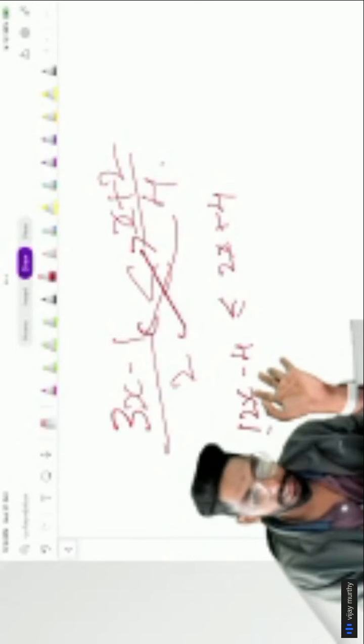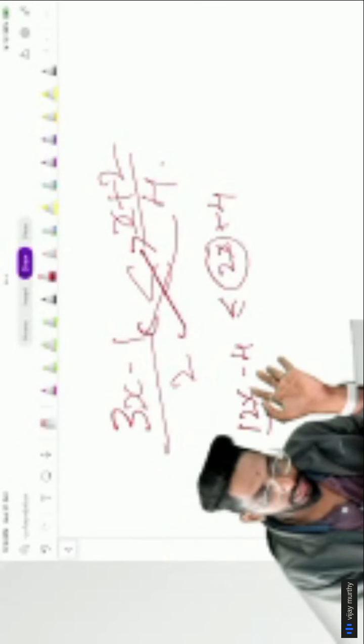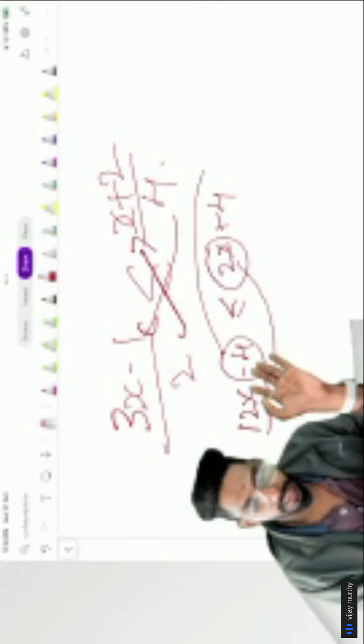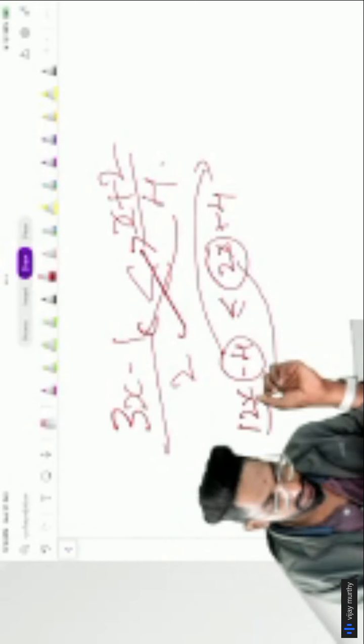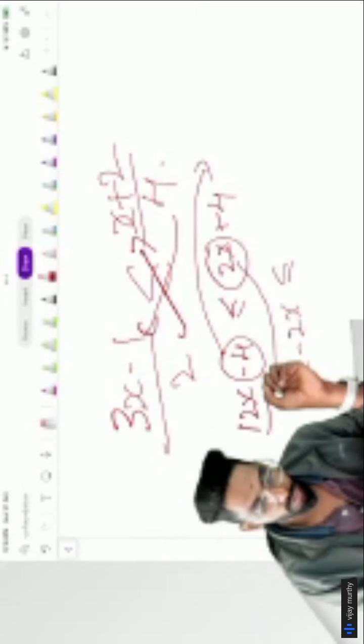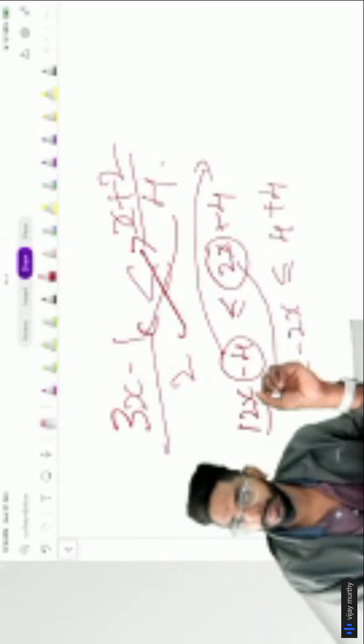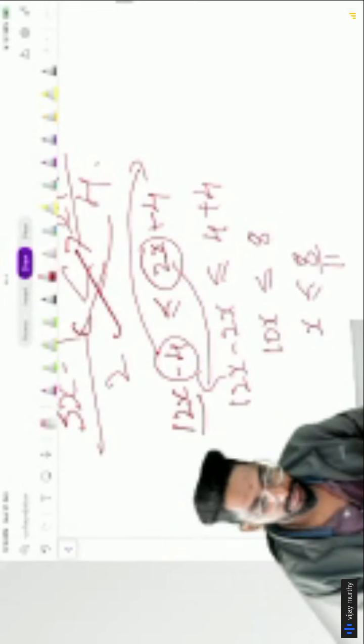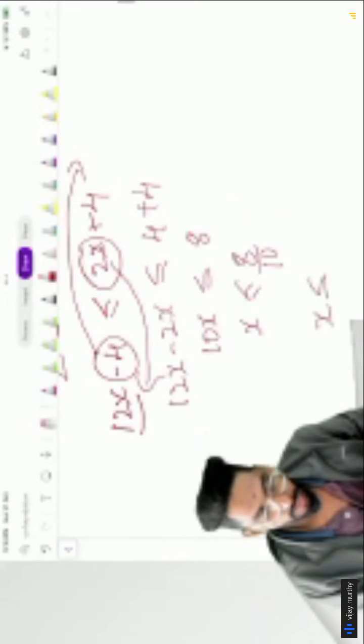Here there is 12x, so I shift the 2x to this side, and shifting the -4 makes it +4. Therefore 12x minus 2x less than or equal to 4 plus 4. You get 10x less than or equal to 8, so x is less than or equal to 8 by 10. x is less than or equal to 0.8.